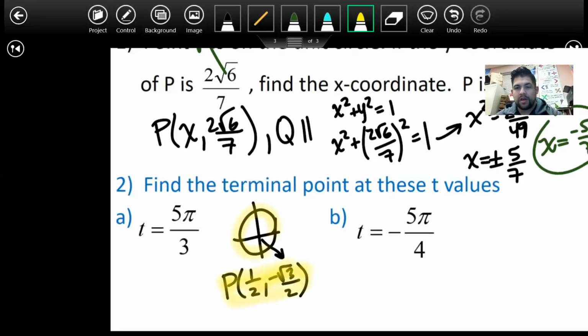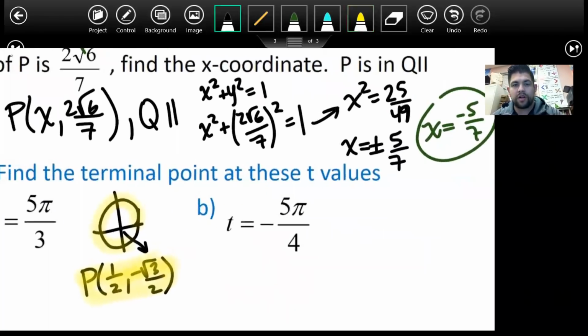For the other one, B, given the graph of this, our terminal point is 5 pi over 4. 5 pi over 4 is our regular 1, 2, 3, 4, 5, 6, 7, 8, 9, and 10.